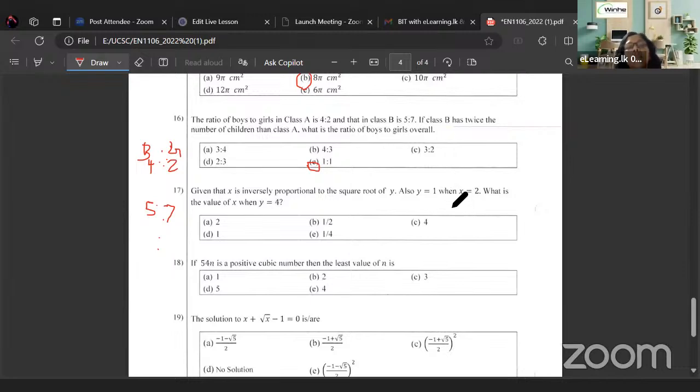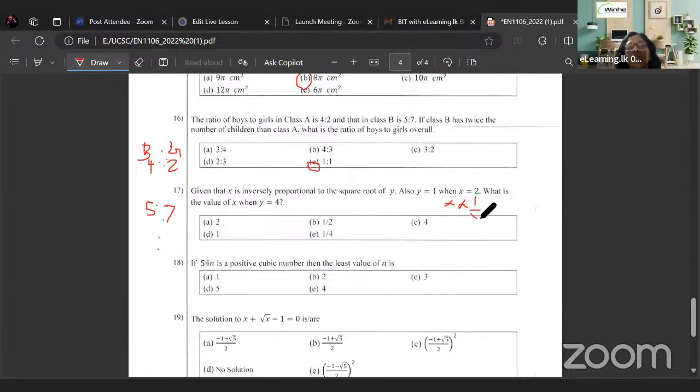So we write it as, here it says x is inversely proportional to y. The proportional sign we write as alpha.